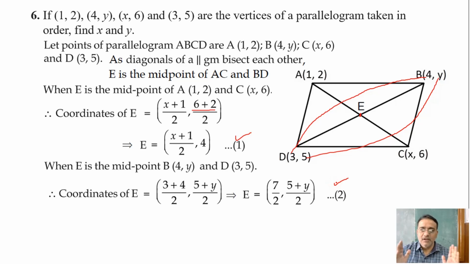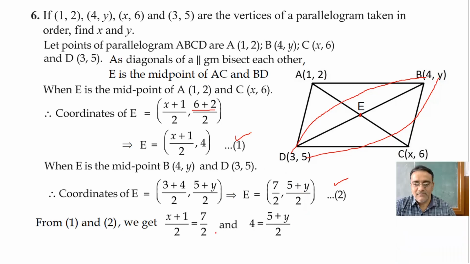दोनों एक ही पॉइंट का कोऑर्डिनेट्स है, so we can equate the x coordinates and y coordinates. Okay, so from 1 and 2 we get (x plus 1)/2 is equal to 7/2 and 4 is equal to (5 plus y)/2. Now here we can cancel these two, so we'll get x plus 1 is equal to 7, and here we are getting 8 is equal to 5 plus y.